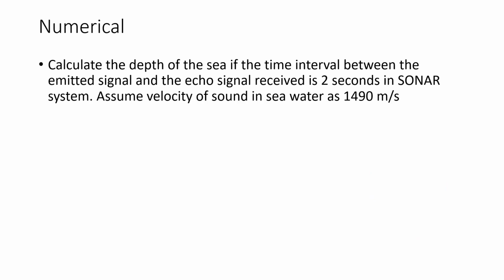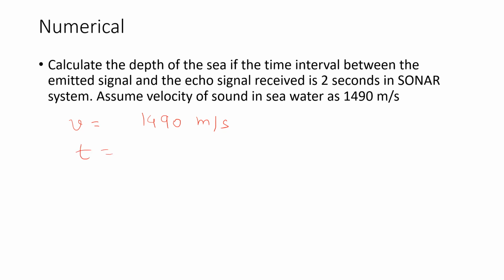Let us solve one numerical based on this. Calculate the depth of the sea if the time interval between the emitted signal and the echo signal received is 2 seconds in a sonar system. Assume that the velocity of sound is equal to 1490 meter per second.